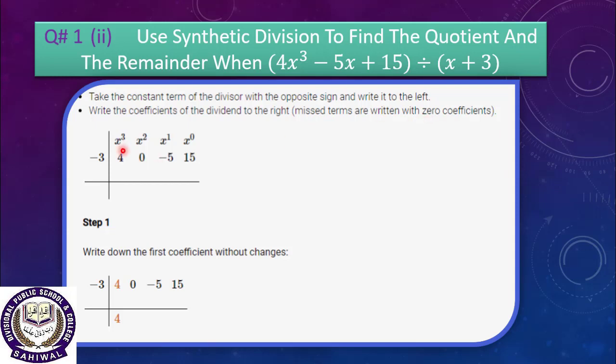The coefficient of x cubed is 4, the coefficient of x square is 0 since this is the missing term. The coefficient of x raised to power 1 is -5, and the coefficient of x raised to power 0, or the constant term, is 15. The first step is we bring down the first coefficient without any change in it.